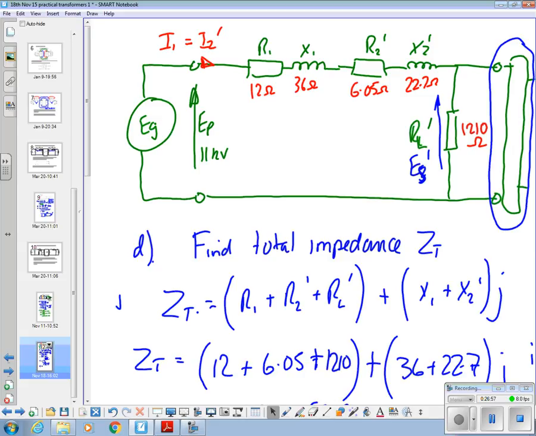So not everything being drawn from the generator is being delivered to the load. There are losses. That's what all this is about. We've got a real transformer now with losses. Okay? So if we use Ohm's law, with that current, I1, and this resistor value, we'll get a value for that voltage that we can then transfer back the other side.